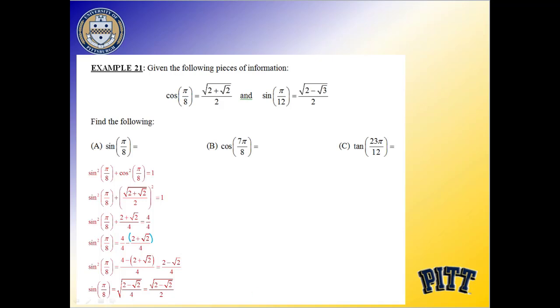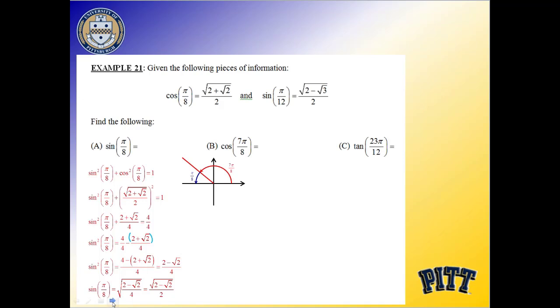The cosine of 7 pi over 8. 7 pi over 8 and pi over 8 are supplementary. 7 pi over 8 shares the same reference angle as pi over 8 does. Okay? Therefore, numerically, I'm still going to see the square root of 2 plus square root 2 all over 2 as part of my answer.